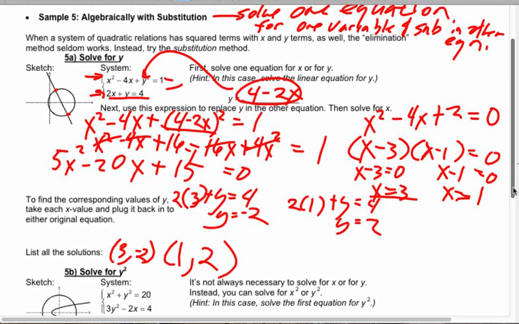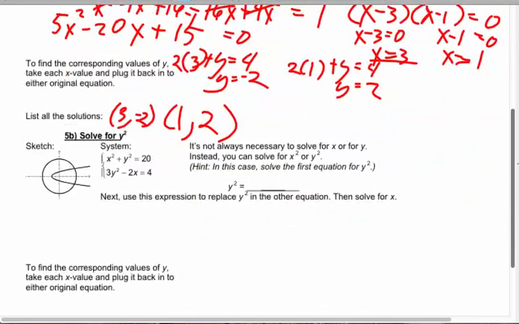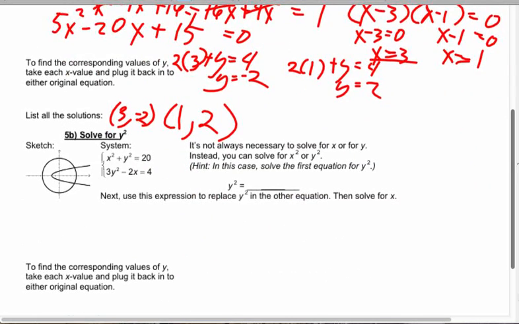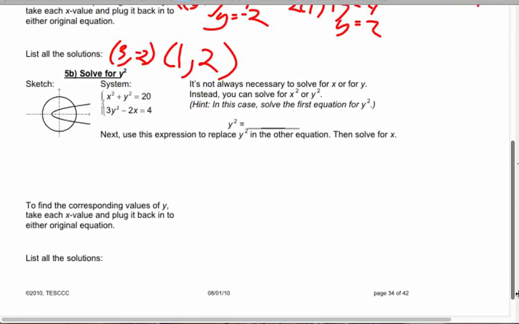Okay, now this is where substitution really becomes a slick little trick, on stuff like this. So I've got a circle and a parabola. Now again, you could, if you wanted to, go in and eliminate the 3y squareds by multiplying the top by negative 3, but it's really going to give you something really, really nasty.